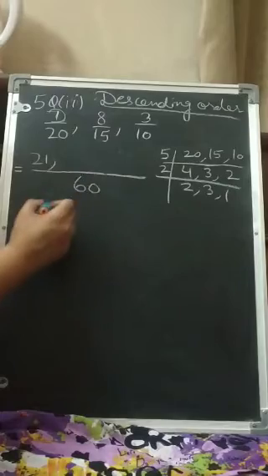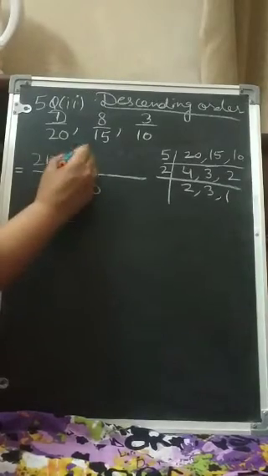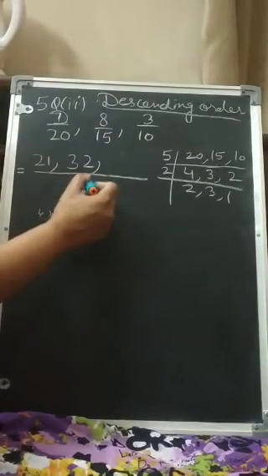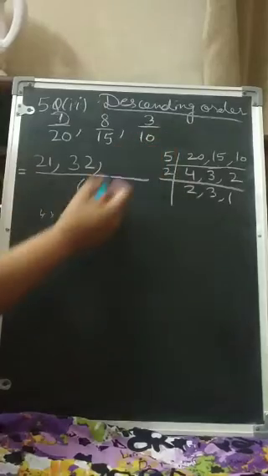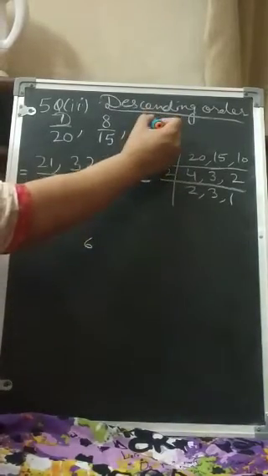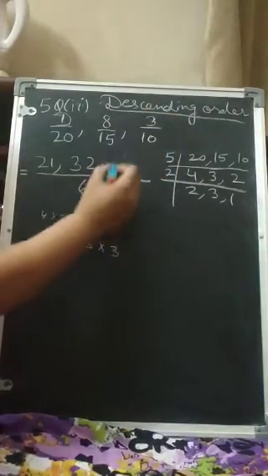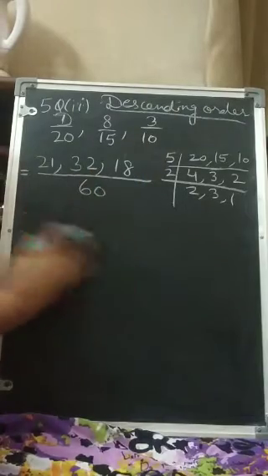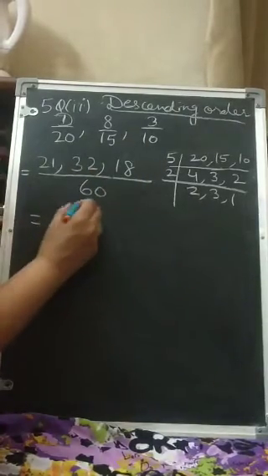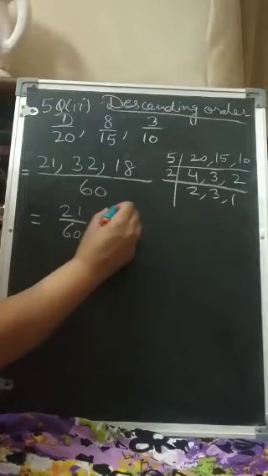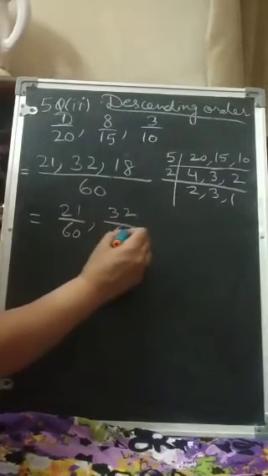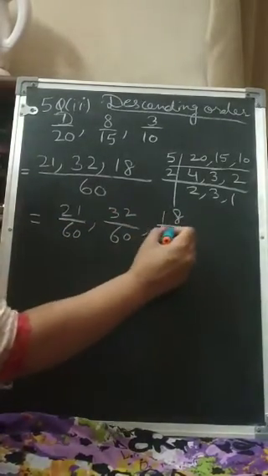And 4 multiplied by 8, what will you get? 32. Now 60 divided by 10, you will get 6. 6 multiplied by 3, you will get 18.